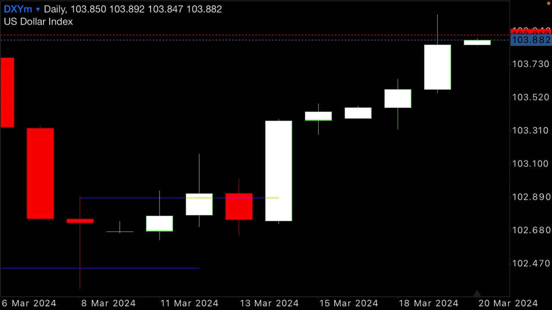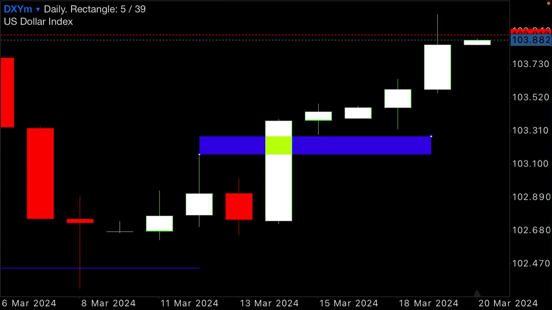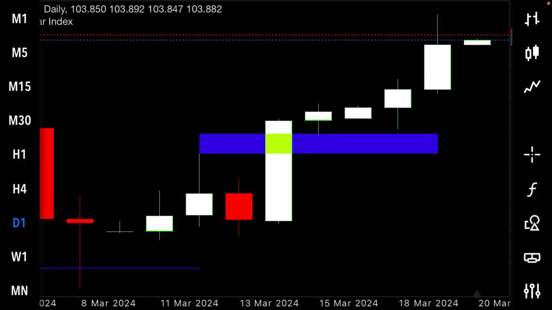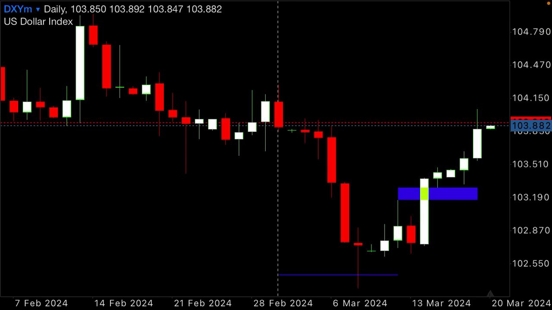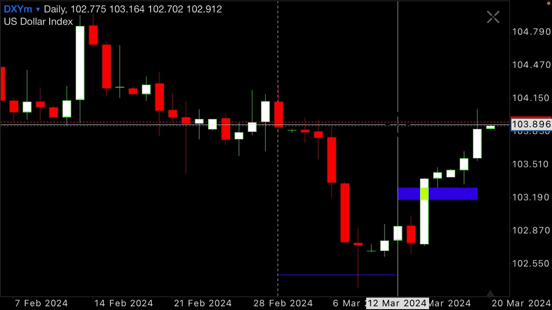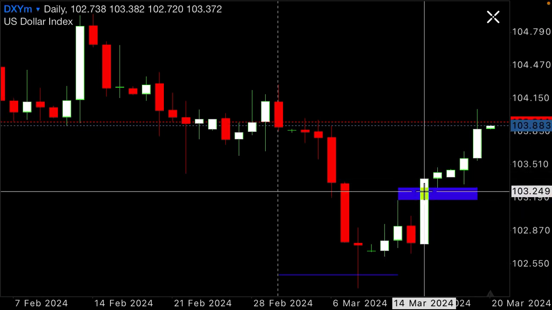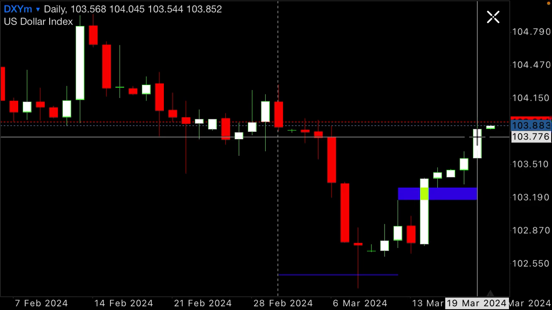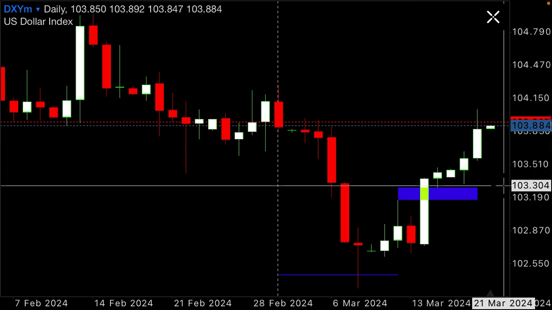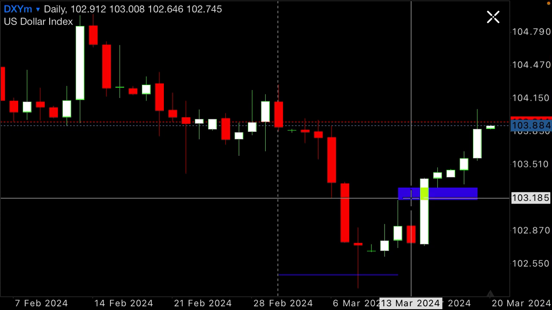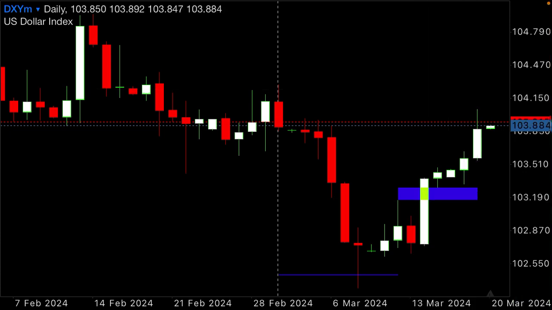So the dollar has left imbalances at these specific levels, and it keeps on forming fair values moving higher. So we must take into consideration these fair values that it has left, because of the chances that it will retrace and move inside of those fair values to only move higher again.